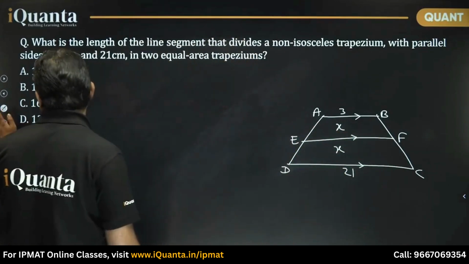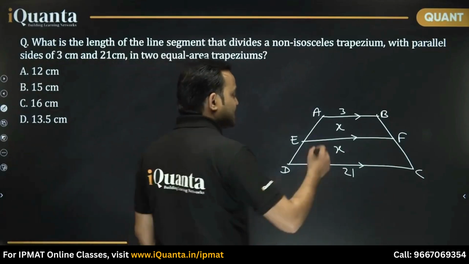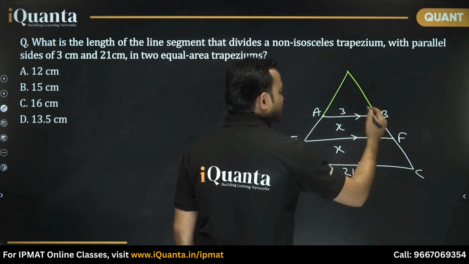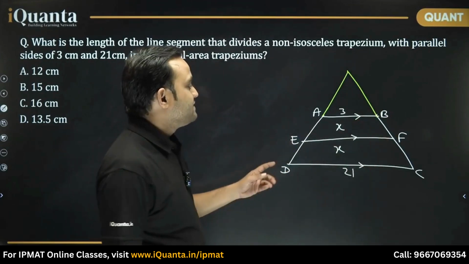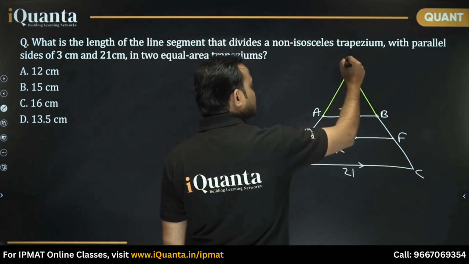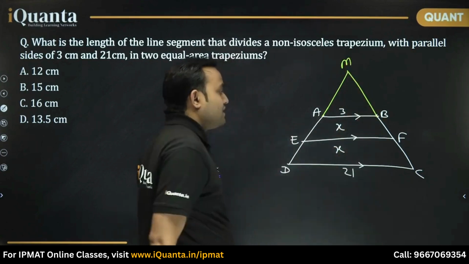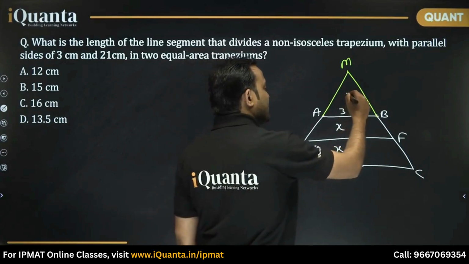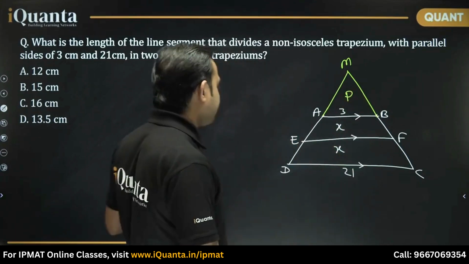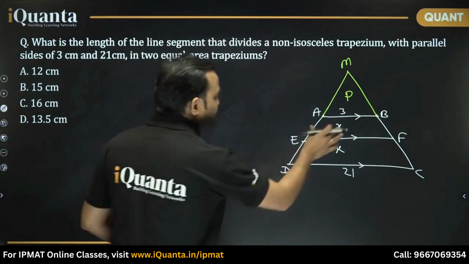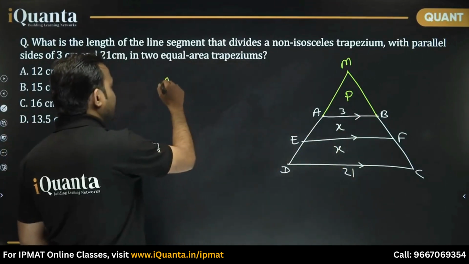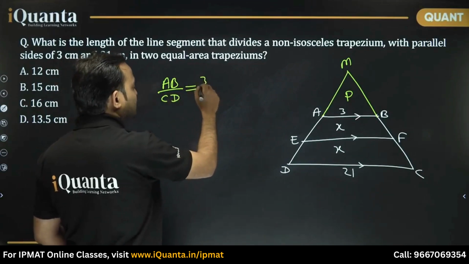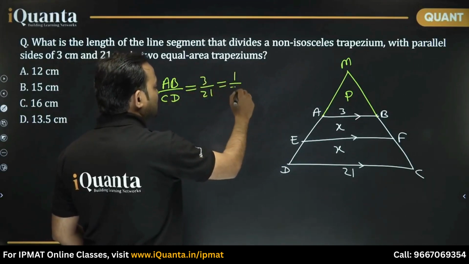Now what we can do to solve this question is extend this line and join this somewhere here. Now if this point is M, let's say the area of triangle AMB is P. Can we say that the ratio of the parallel sides, AB upon CD, is equal to 3 upon 21, which is equal to 1 by 7.